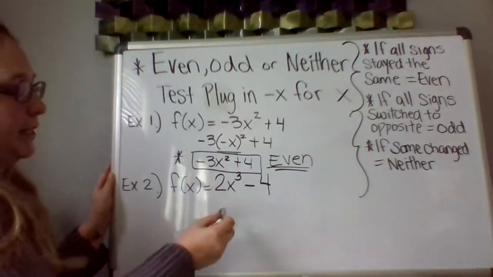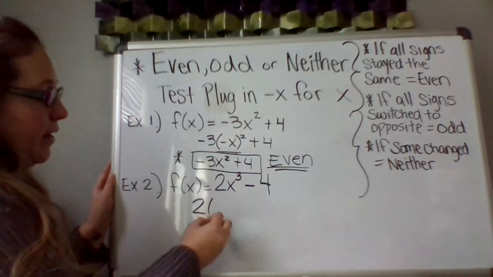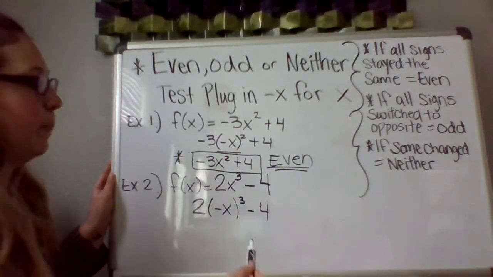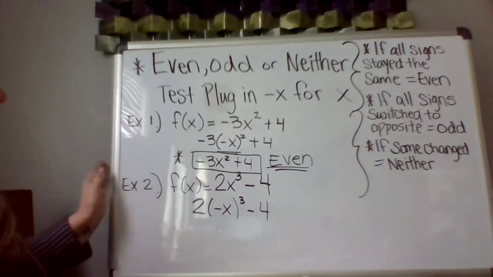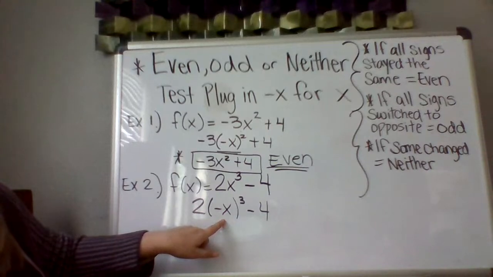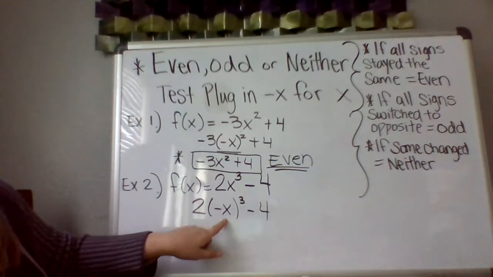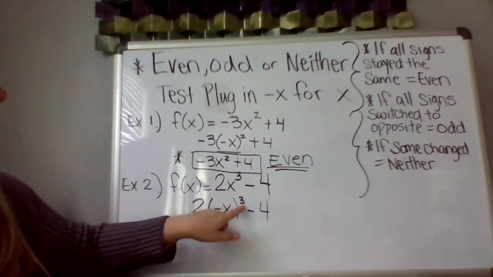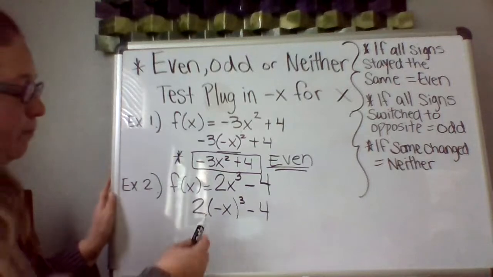So everywhere where we see x, we're going to plug in a negative x. And so what happens here is we get negative x times negative x, which is a positive x squared, but then times another negative x. So in this case, I'm now going to have a negative x cubed. Okay.